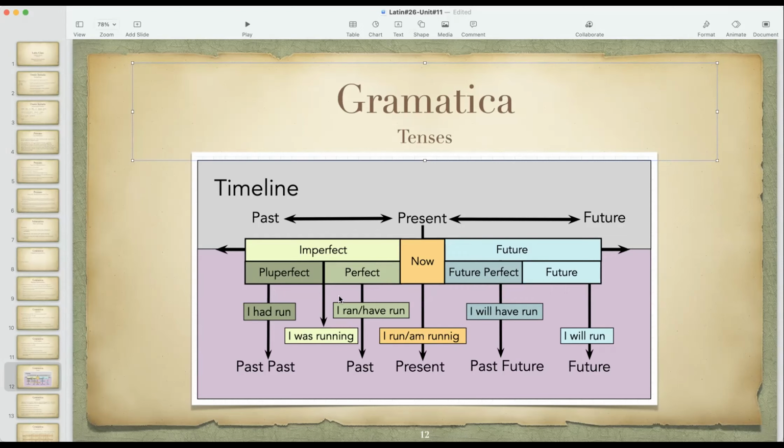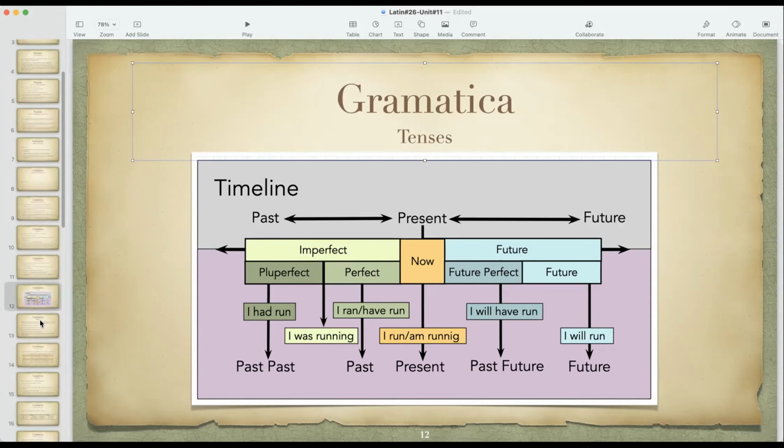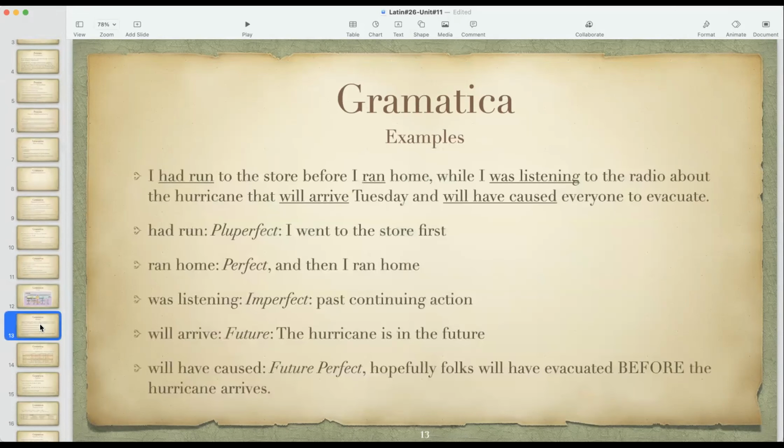So when we say that it is the perfect tense, it means the action has been completed. But yes, you can certainly think of it as the future, or finished, basically.